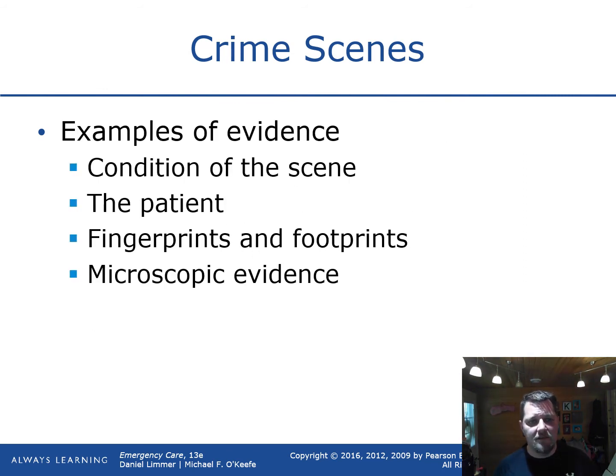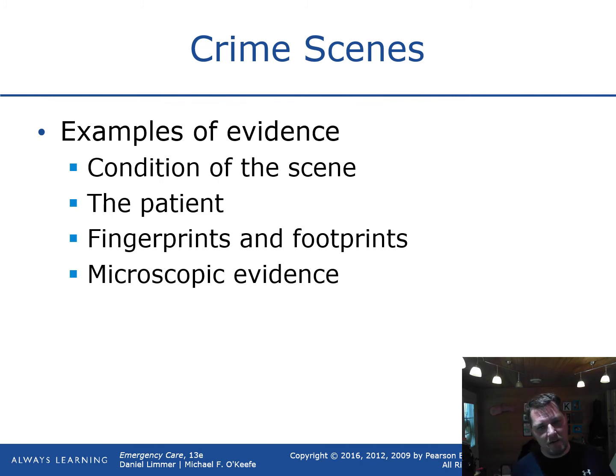So examples of evidence: the condition of the scene, the patient, fingerprints, footprints, microscopic evidence. What I do is if I go up on a crime scene, either like a sexual assault or shooting or anything like that, you want to make sure that you note the position of things in the house. So if you have to move them, you know where they were moved from. Okay.